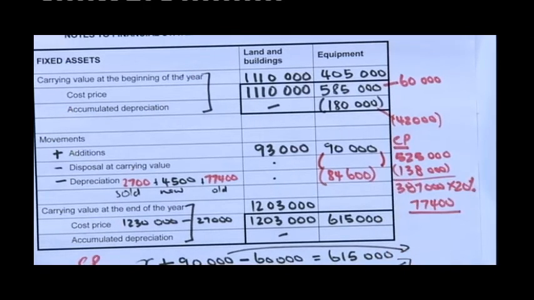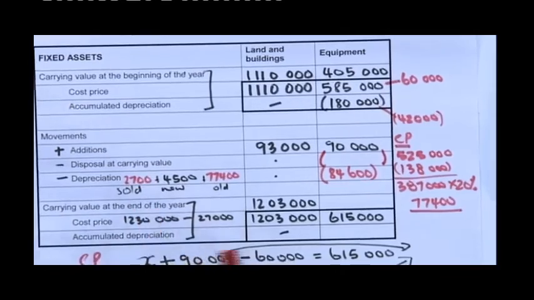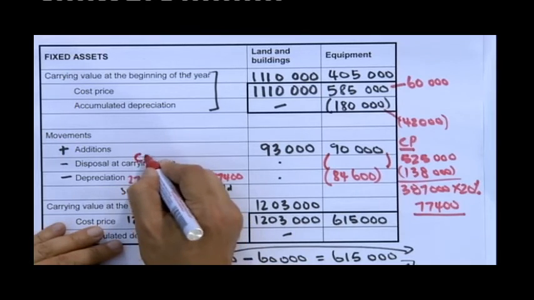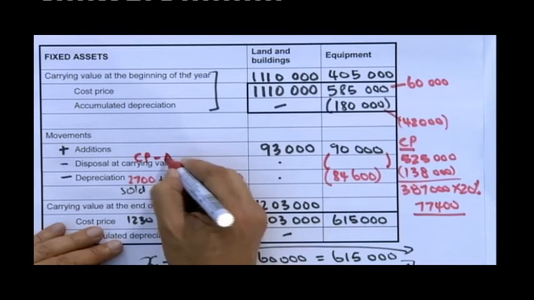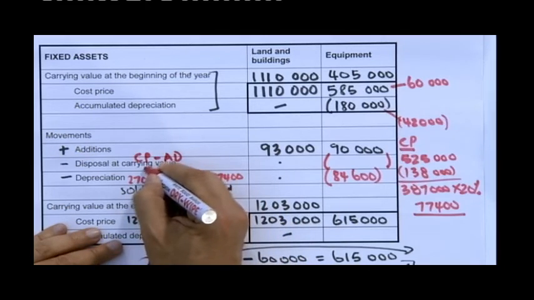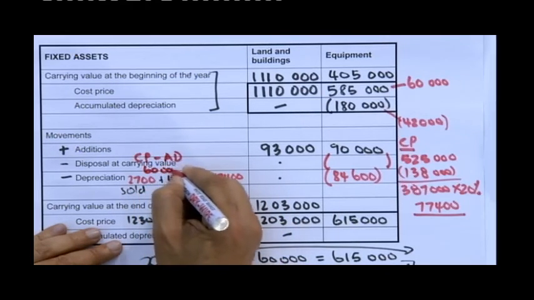Okay. Now the line says the disposal at carrying value. So disposal at carrying value means take the cost price minus the accumulated depreciation. Now the cost price of the equipment that we sold was 60,000.